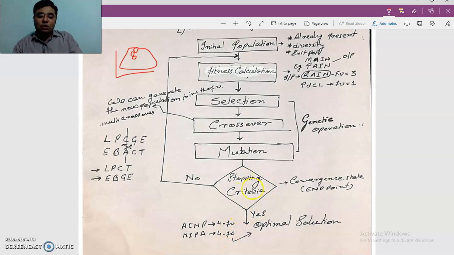When it meets the stopping criteria, we get the optimum solution, and that point is known as the convergence state or end point. Else we again go through the process of iteration until it meets the stopping criteria.